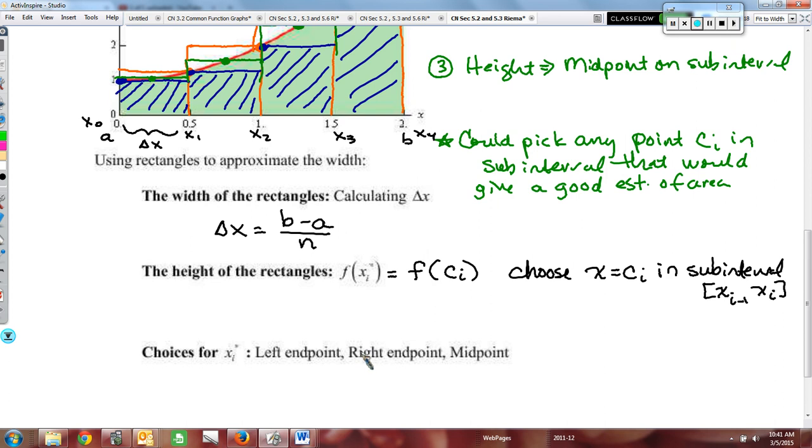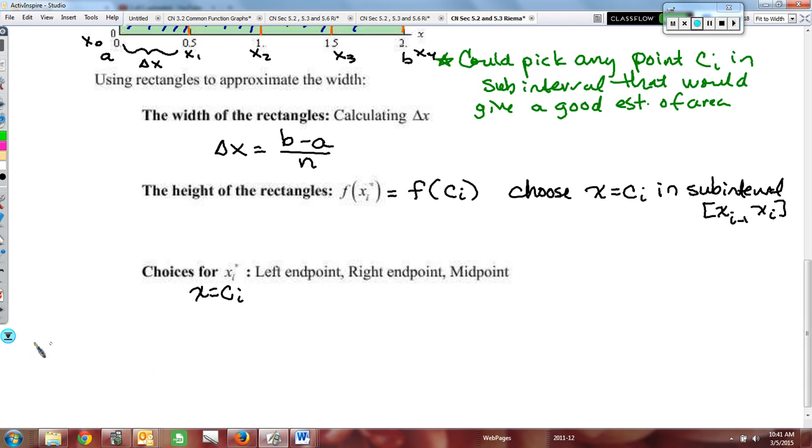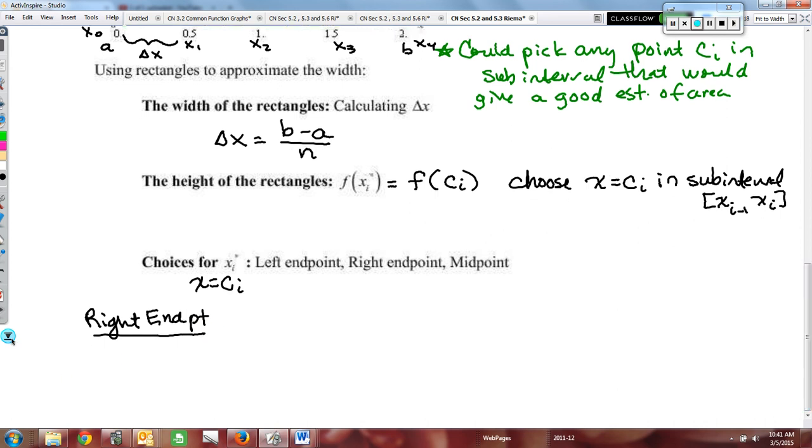All right? Now, maybe we ought to think about these choices for your value x equal to c sub i. If I'm going to choose the left, I kind of need a formula for how I'm calculating it. So I'm going to start with the right, because that was the first one I did up there. So for the right endpoint, let's think about it in terms of this problem and then maybe work our way up.